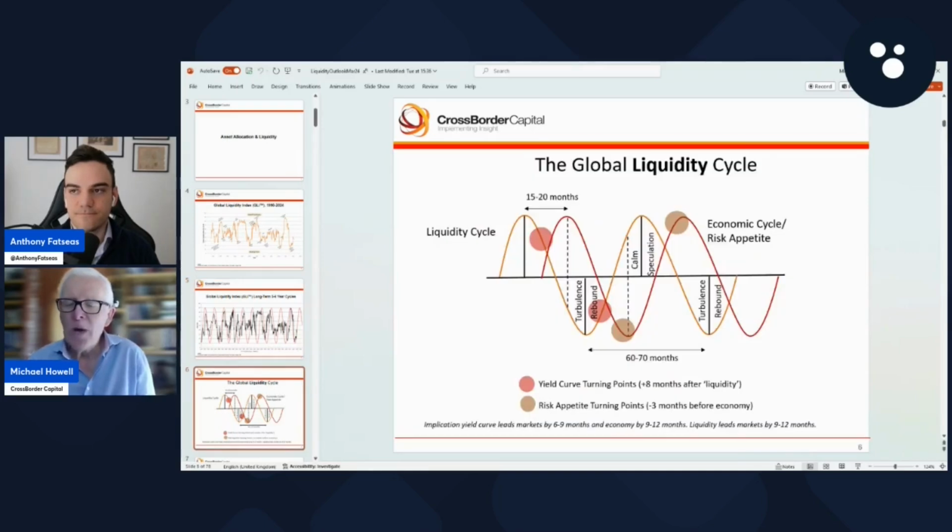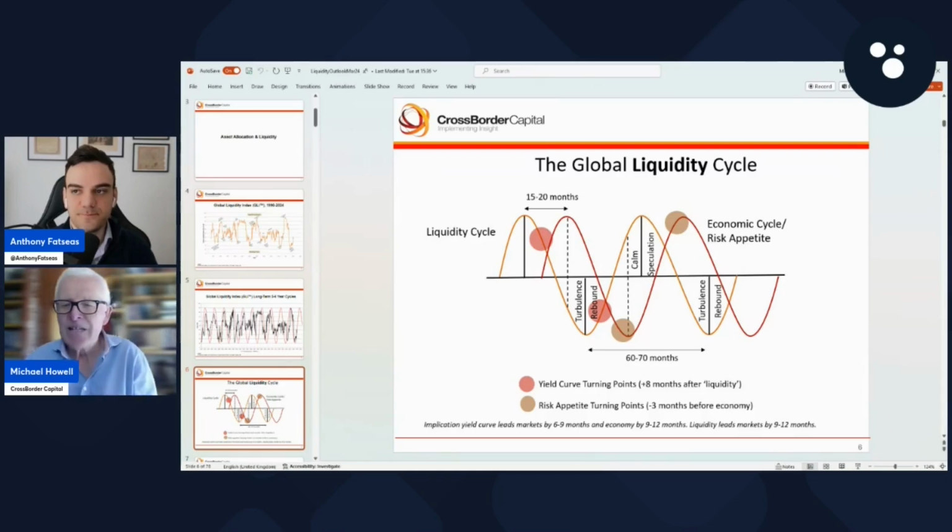Now, the way that we consider the markets, and I'll just run through 2 or 3 slides to show how this impinges on asset allocation and why everything is on track for what we believe is a very, very normal cycle, despite what economists claim, is that what you've got going on here is a diagram that shows a notional liquidity cycle in orange, which runs through 4 investment phases that we entitled turbulence, rebound, calm, speculation.